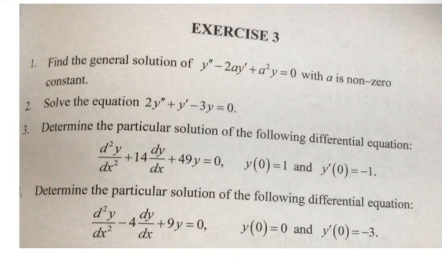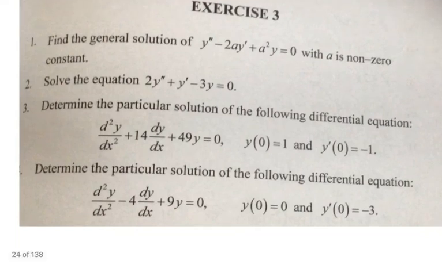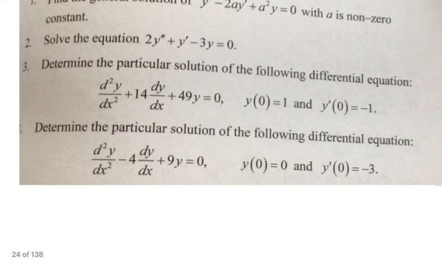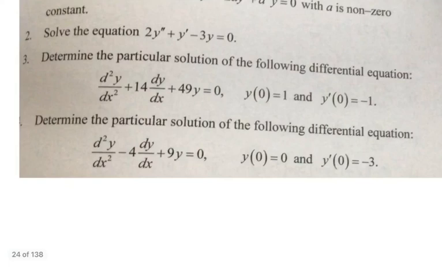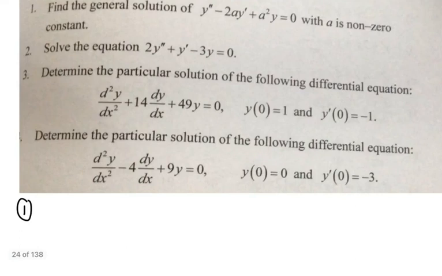Okay, let's discuss the answer. Find the general solutions of y double prime minus 2ay prime plus a squared y equal to 0. So first, let's transform this one into a characteristic equation.